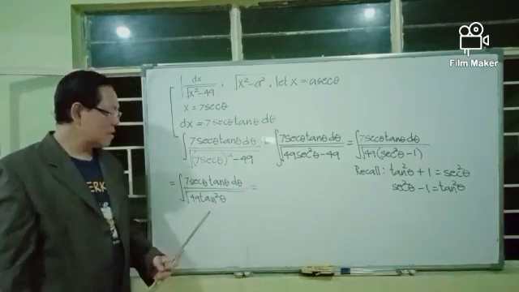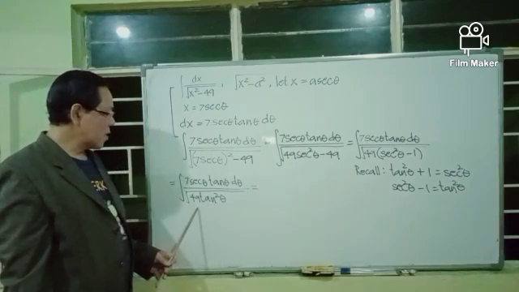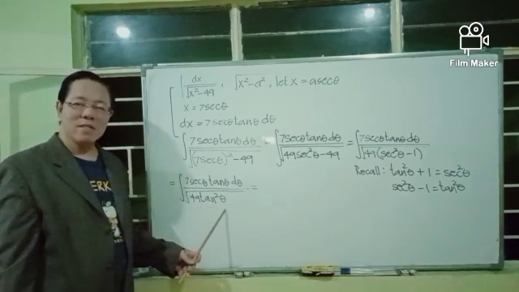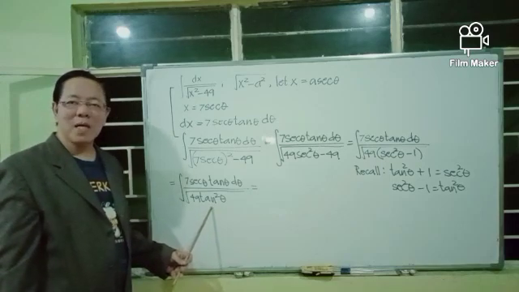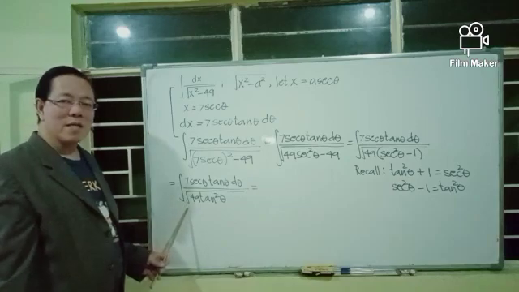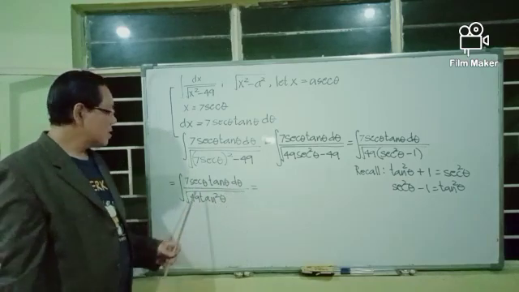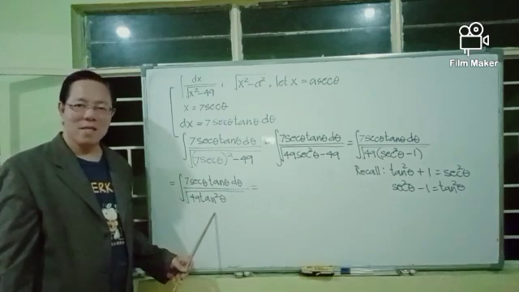But we can get the square root of 49 and tangent squared theta. The square root of 49 tangent squared theta is equal to 7 multiplied by tangent theta. And this expression simplifies to the integral of 7 secant theta tangent theta d theta divided by 7 tangent theta.